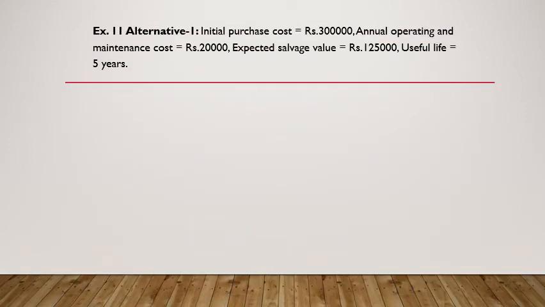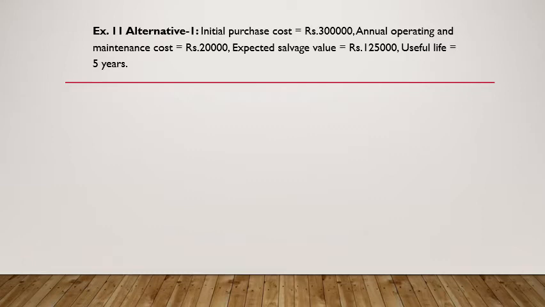Let us start with some examples on the annual worth comparison of alternatives method. There is an alternative one, where the initial purchase cost is given, some maintenance cost is given, expected salvage value is given, and useful life is given. This is the first problem that we discussed.